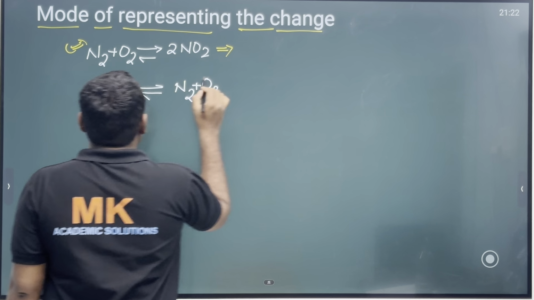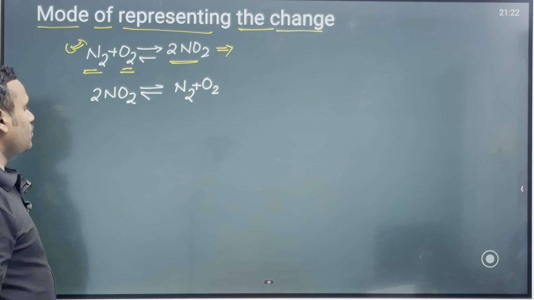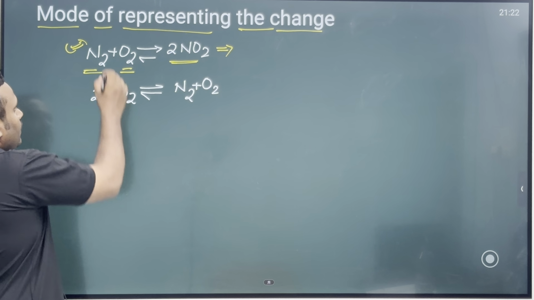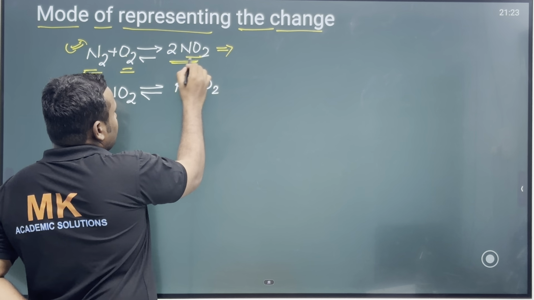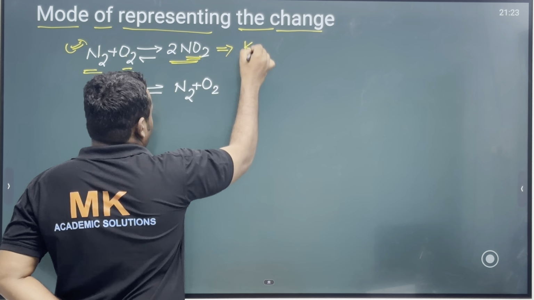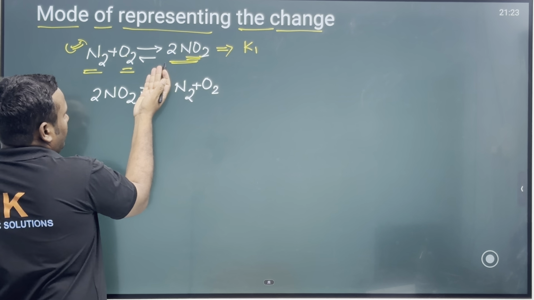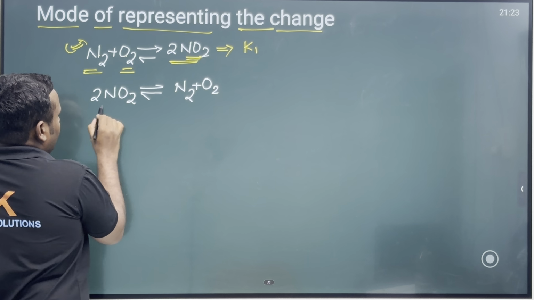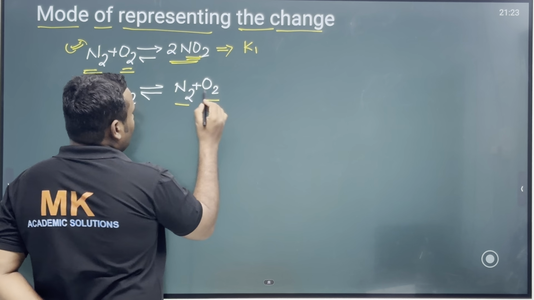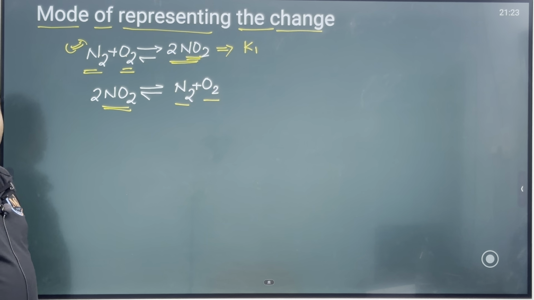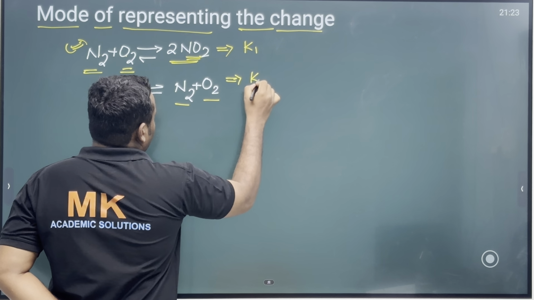See, for example, N2 plus O2 gives rise to 2NO2. So now what are the reactants? N2 and O2 are the reactants and 2NO2 is the product. For this you can consider the equilibrium constant as K1. The same change only, but now I am making NO2 the reactant, and N2 and O2 the products. Okay, clear? For this I consider K2.